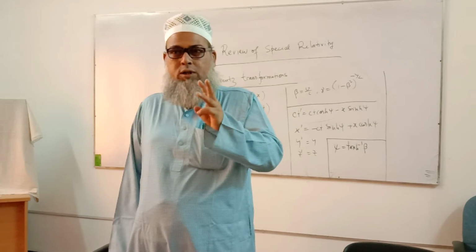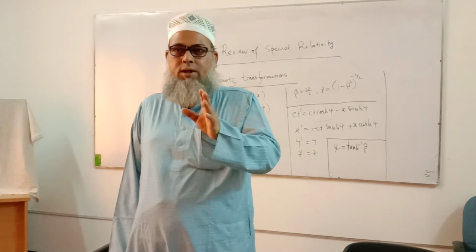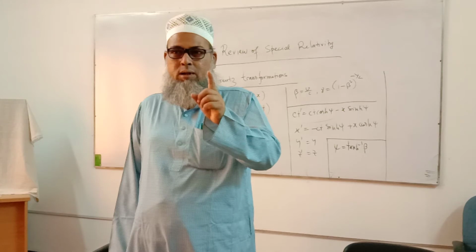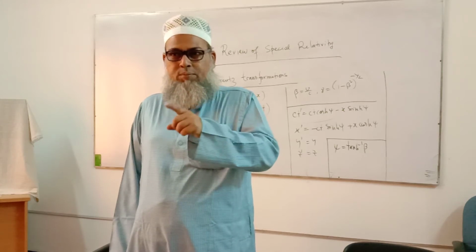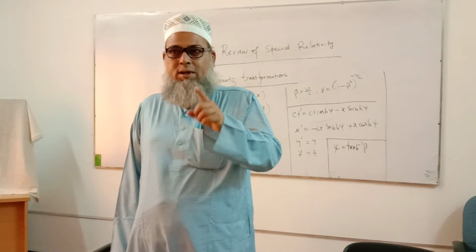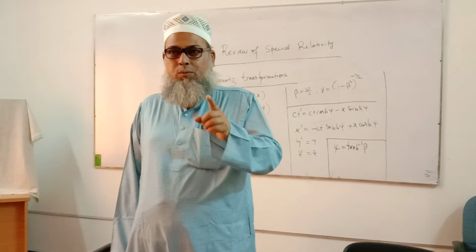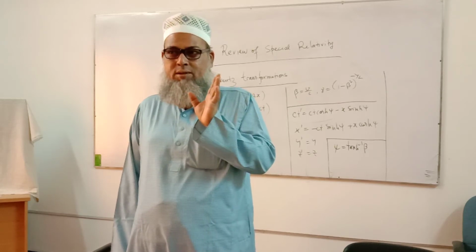Those points are called events. An event has 4 coordinates: t, x, y, z. But to make all of them of the same dimension, we multiply t by c. So we write the coordinates ct, x, y, z.